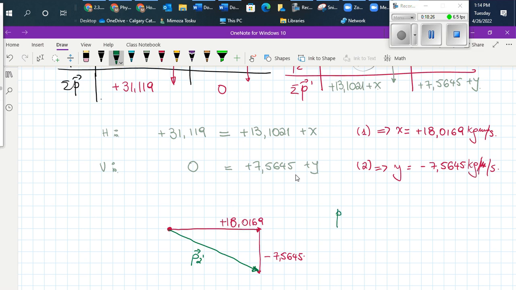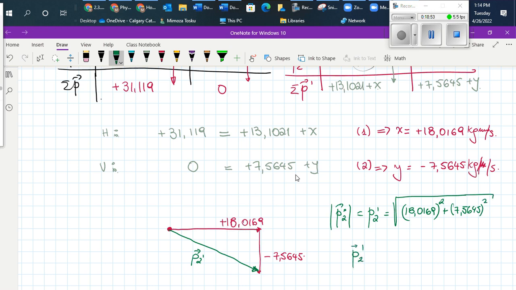Now we can find the magnitude of momentum of object 2, or simply P2 prime, as the square root of 18.0169 to the power of 2 plus 7.5645 to the power of 2.